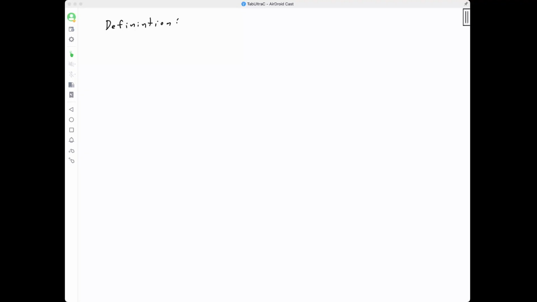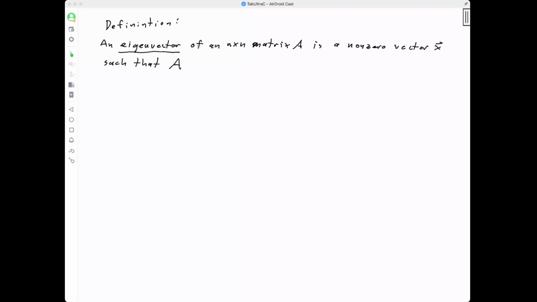So the definition says that an eigenvector of an n by n matrix A is a non-zero vector x such that A times x is equal to some scalar that we will call lambda times x.